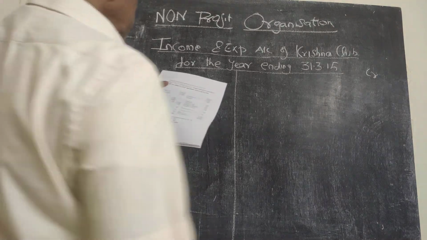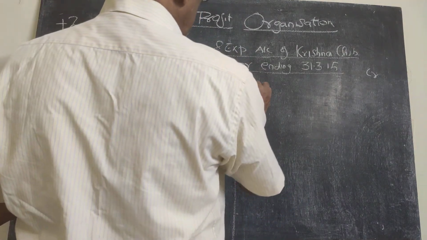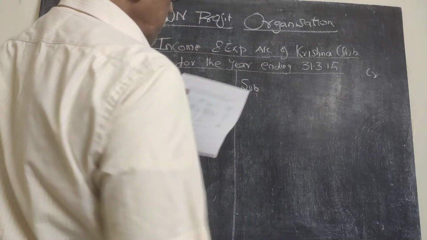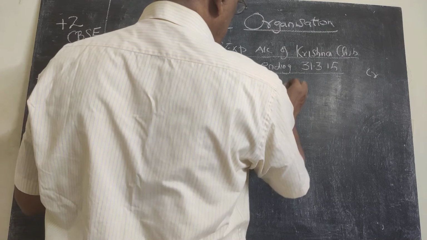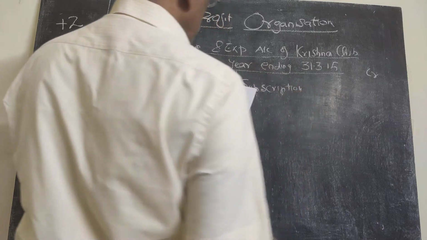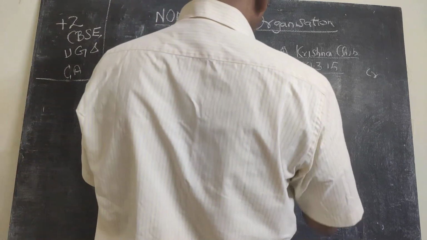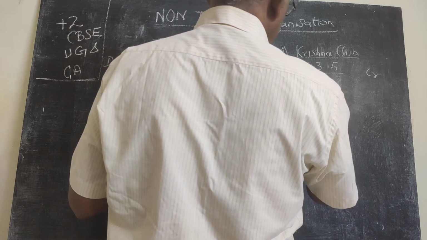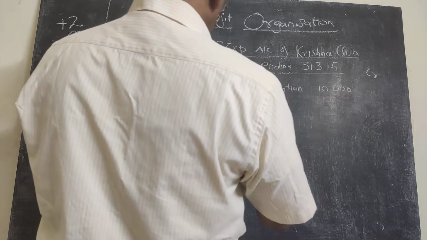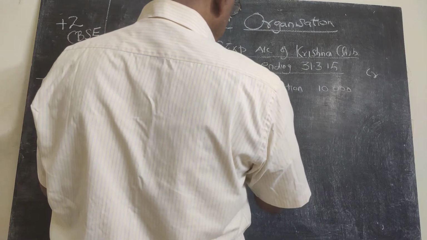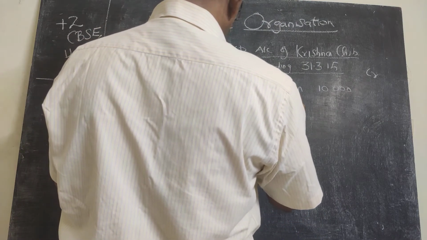First I go for subscription. They have given the breakup. For this year 2014-15 it is 10,000. Accrued subscription given 400.